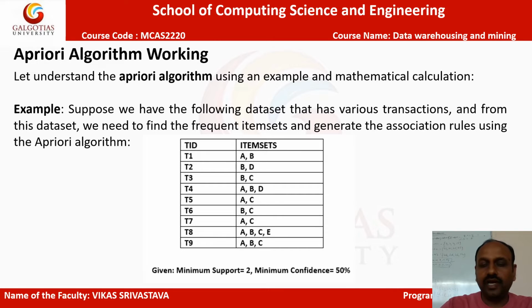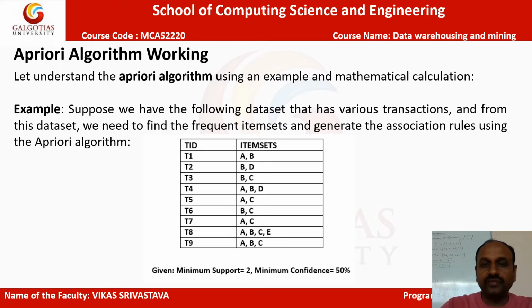Suppose we have the following data set which has various transactions from T1 to T9, with item sets: T1 has the item set AB, T2 has BD, T3 has BC, and similarly up to T9 we have a number of transactions with their item sets.